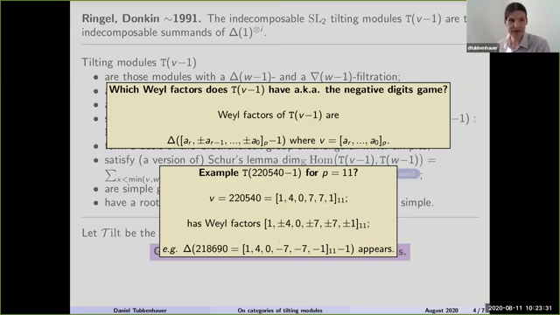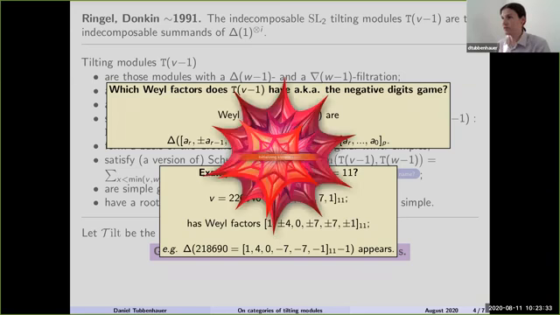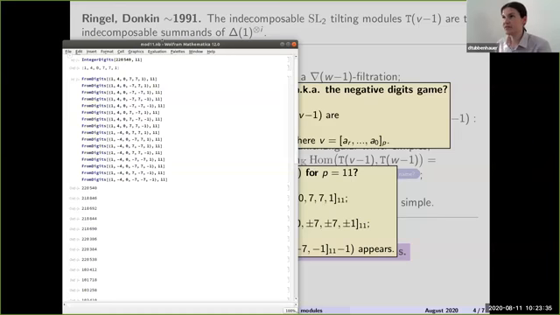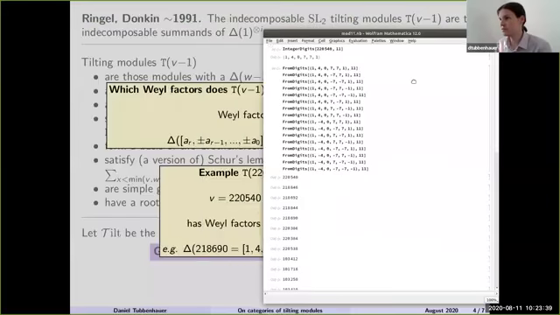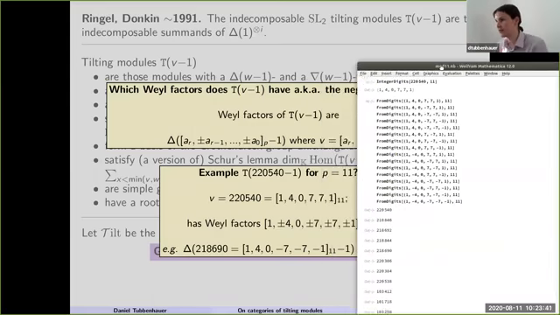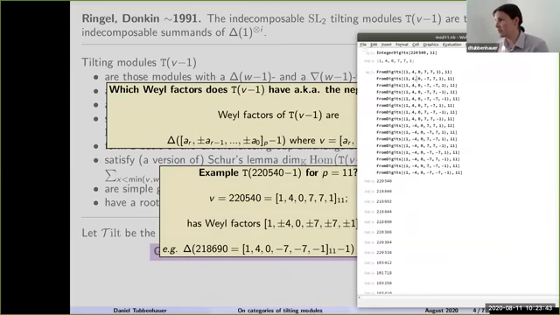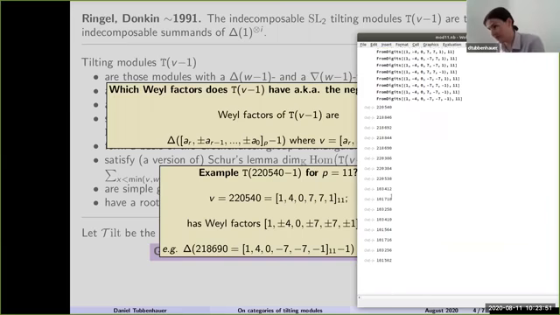And let me make this completely precise. So here, this is exactly the same example, right? 200 whatever. And you would just take those digits and you invert one at a time, and just have 16 of them, and those would be the corresponding Weyl factors.